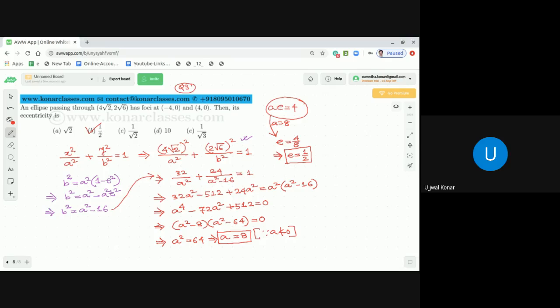Before I conclude the class, I just want to tell you that recently the Karnataka CET examination is concluded. And when I was analyzing the mathematics paper that happened yesterday, I saw that out of all these 60 questions, everything came from our online platform. Each and every question came from our online platform.